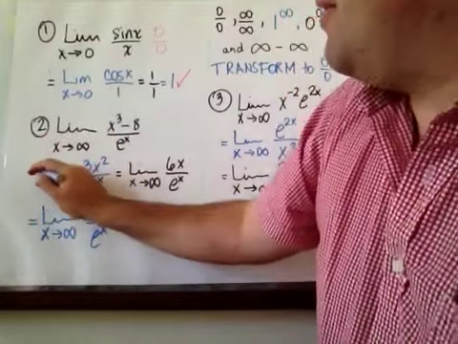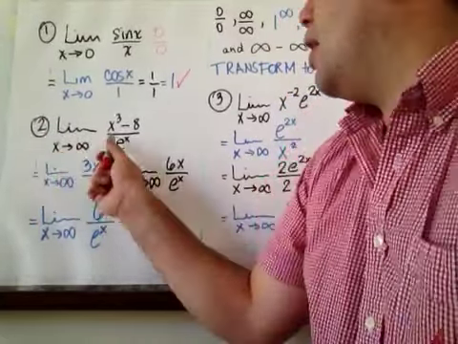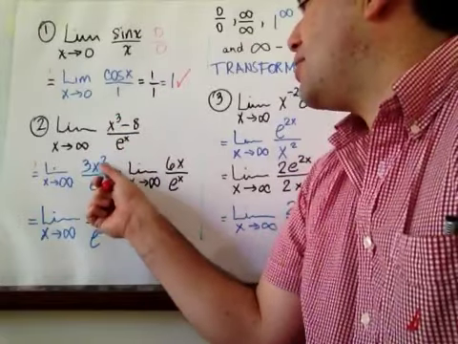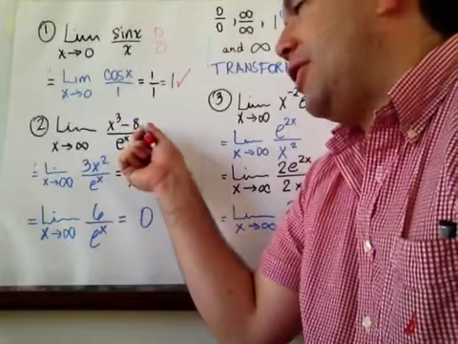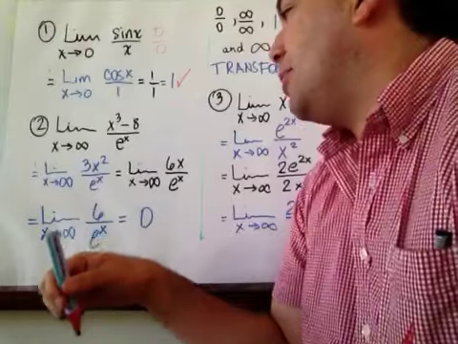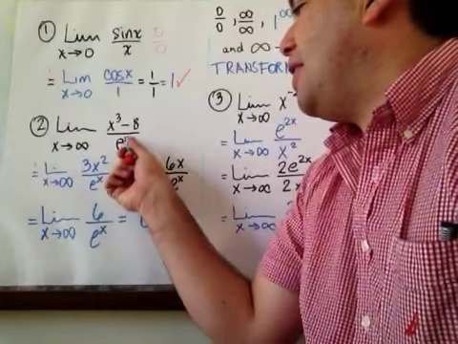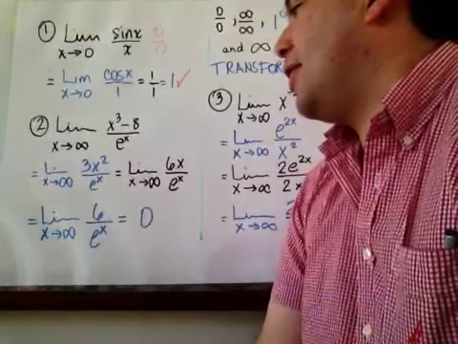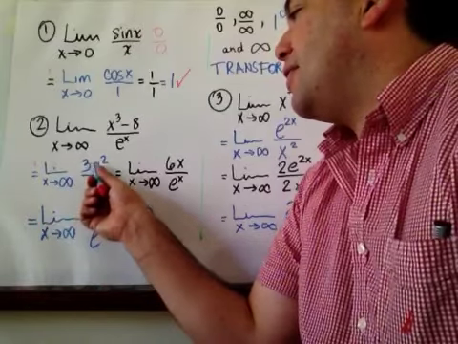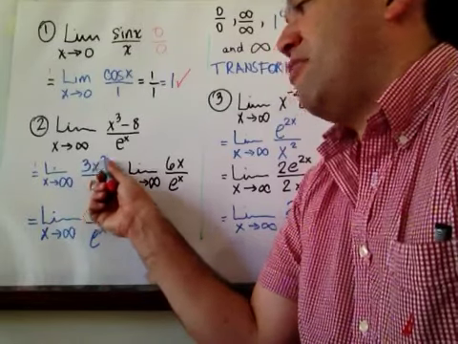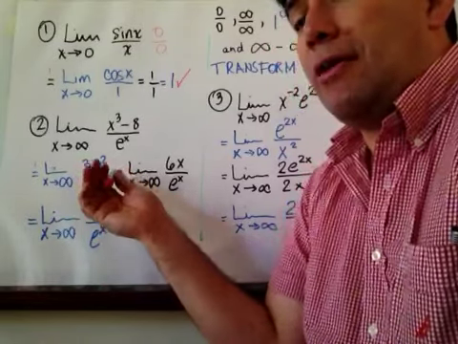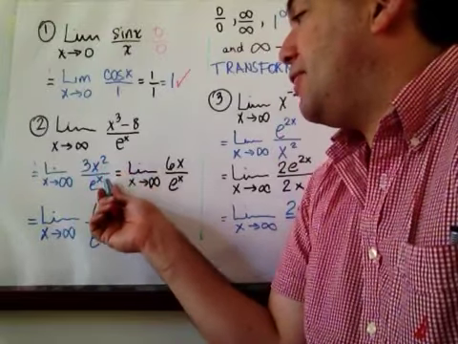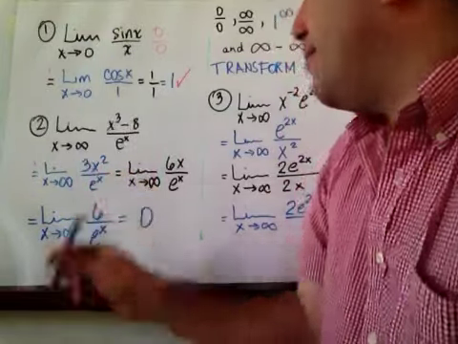The derivative of x cubed is 3x squared minus the derivative of 8, 0. I'm not going to put it. And the derivative of e to the x is e to the x. Now I try evaluating. If we substitute infinity here, 3x squared goes to infinity. So it's infinity over infinity. So we do it again.